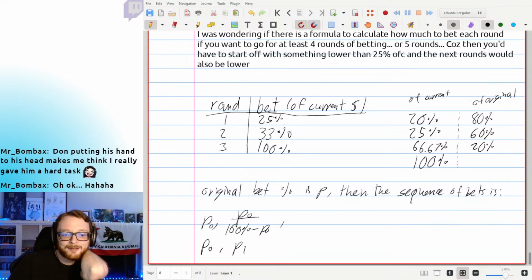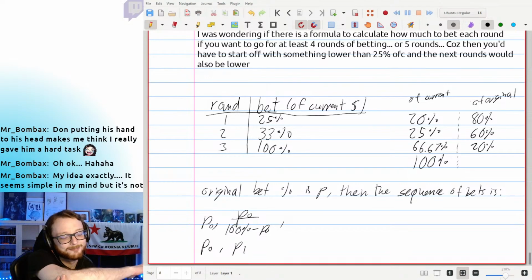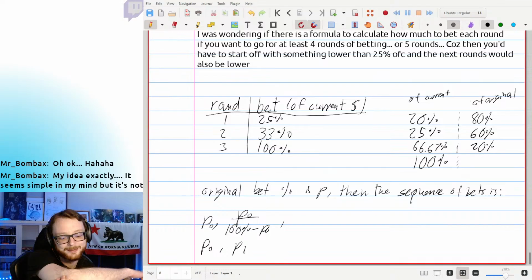So does it... It needs to depend on the amount that we still have in some way.